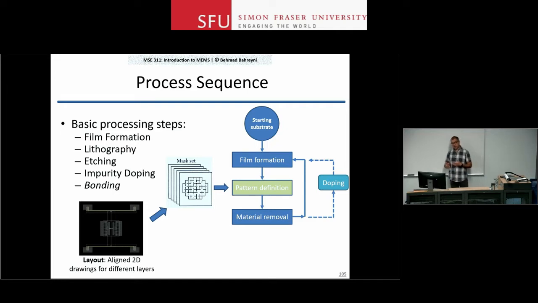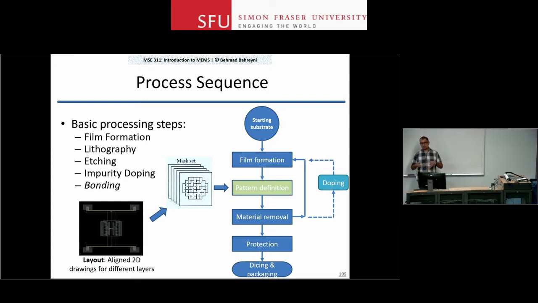Then sometimes we do a doping step here and there depending on the requirements for the electrical properties of the film. And then at the end of the story, for a MEMS device, we need to have some protection to basically save it from the environment, protect it from the environment, and dice, package, and sell it.